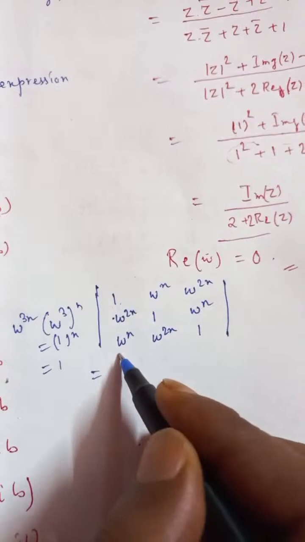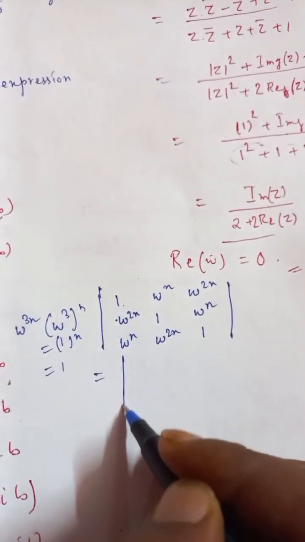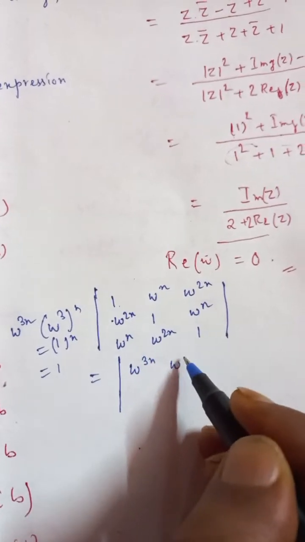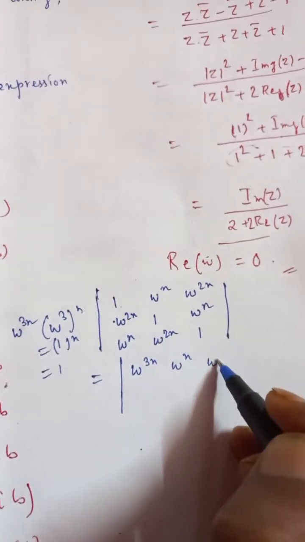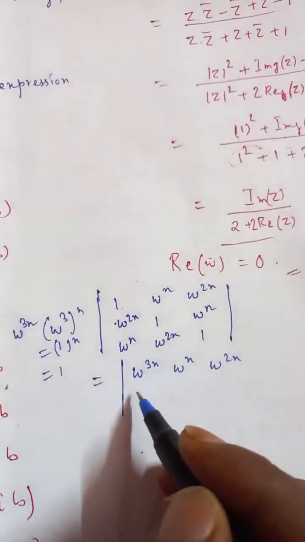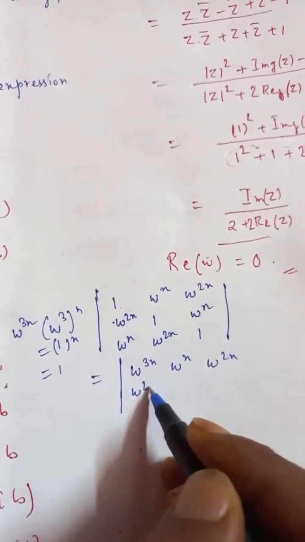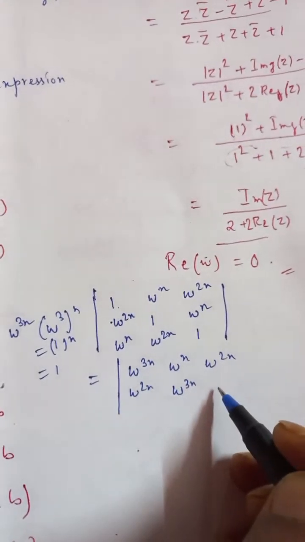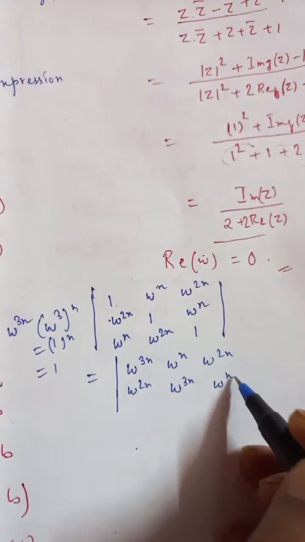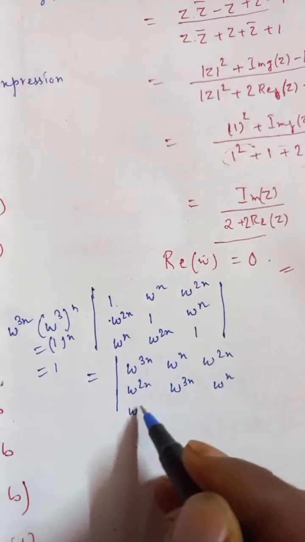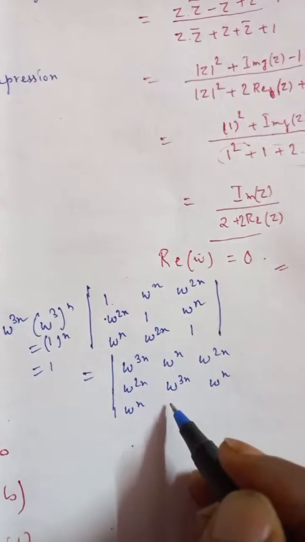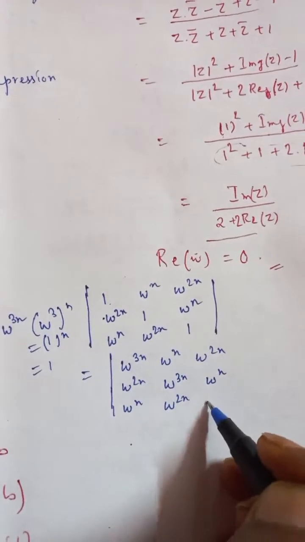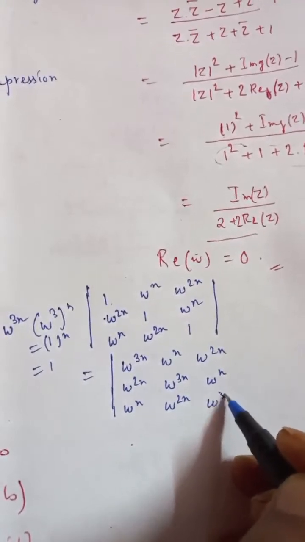So we replace 1 by omega to the power 3n: omega n, omega to the power 2n, omega to the power 2n, omega to the power 3n, omega to the power n, omega to the power n, omega to the power 2n, omega to the power 3n.